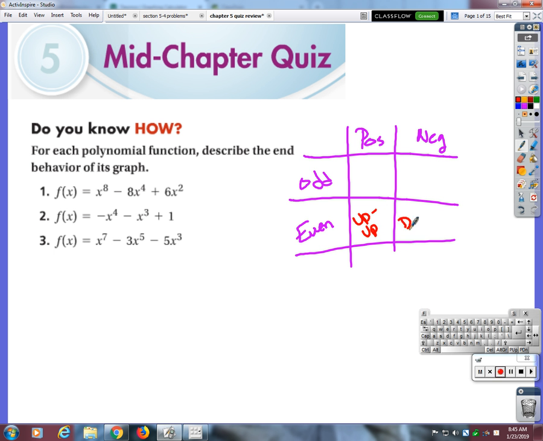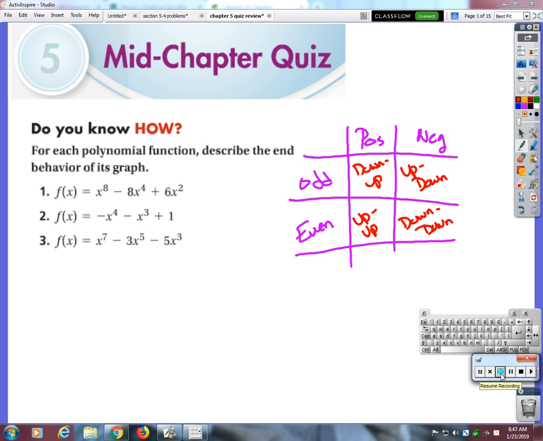I know even negative is down, down. I know odd positive is down, up, and odd negative is up, down. So if you guys don't have that in your notes somewhere, and you don't have it memorized, I would be surprised if you have it memorized. It'd be pretty awesome, though, if you did. You'll want to put that in your notes, because it will be useful for you.